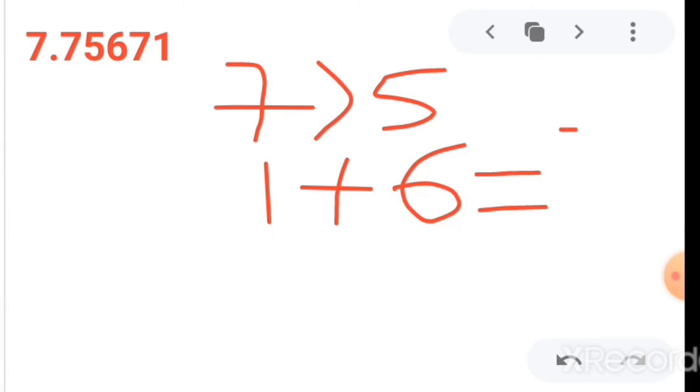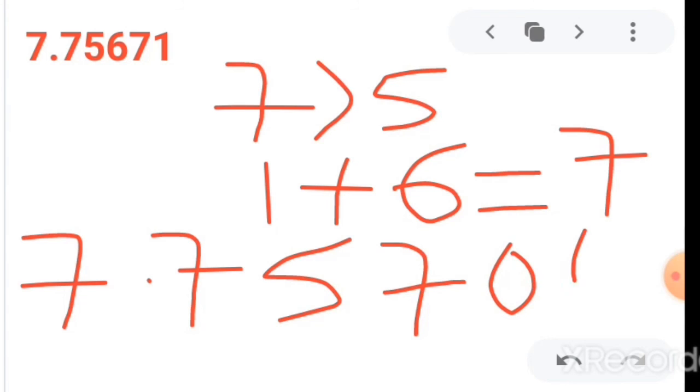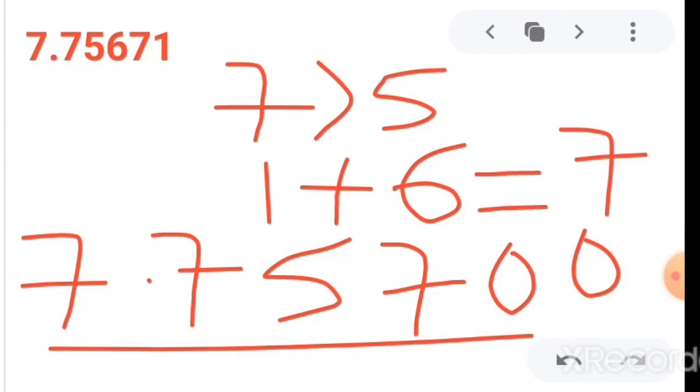It becomes 7. So where we had 6, we replace with 7. This number then becomes 7.757. Now the places we had 7 and 1 after the third decimal place, we replace them with zeros. So we have rounded up. 7.75671 now becomes 7.75700. I know it's very easy.